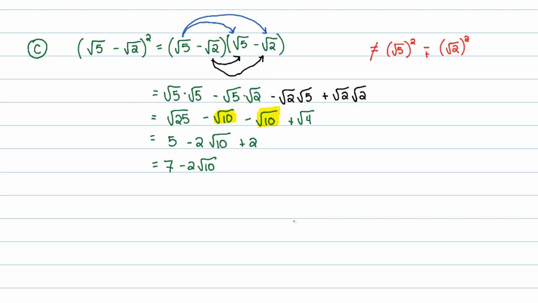Now, a couple things you should note here that I want you to start getting used to is that the square root of 5 times the square root of 5 is equal to 5, and the square root of 2 times the square root of 2 is equal to 2. Here's how I used to think about it when I was a student.